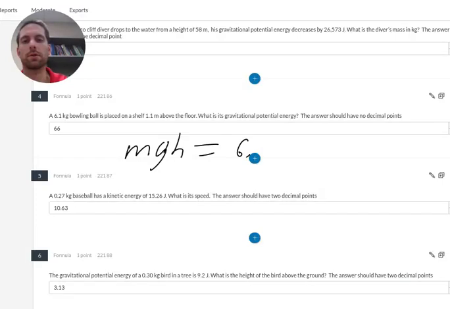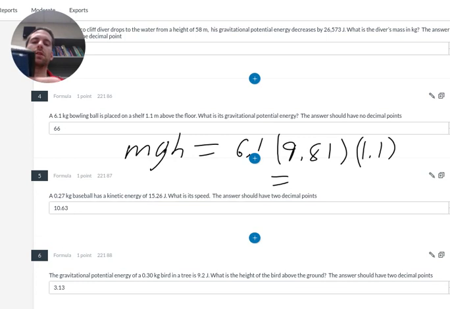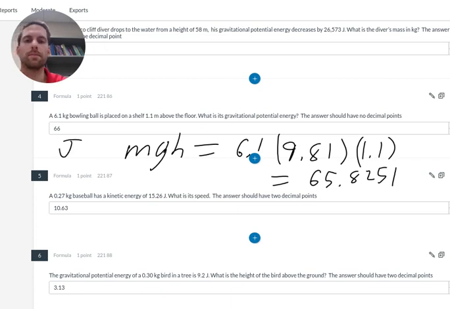So 6.1 times 9.81 times 1.1 equals our potential energy, which will give us 65.8251. And I can round that up to 66, and I'll get my answer in joules, which we don't write for grading purposes.